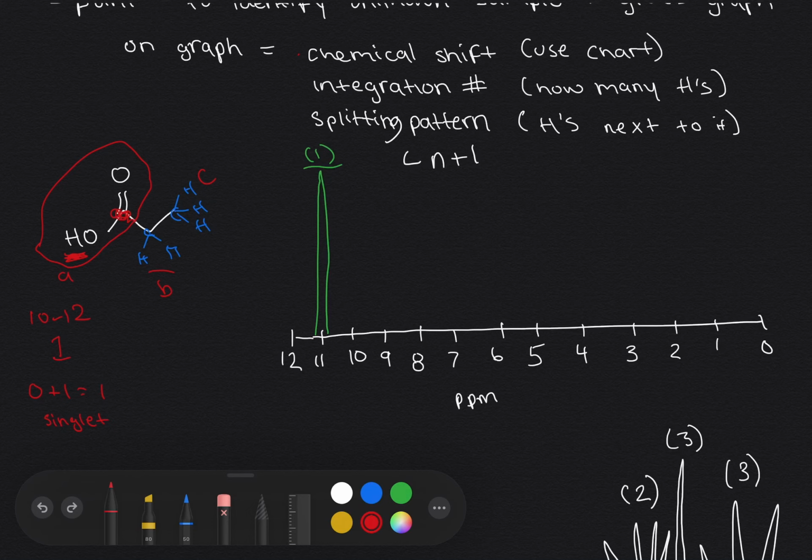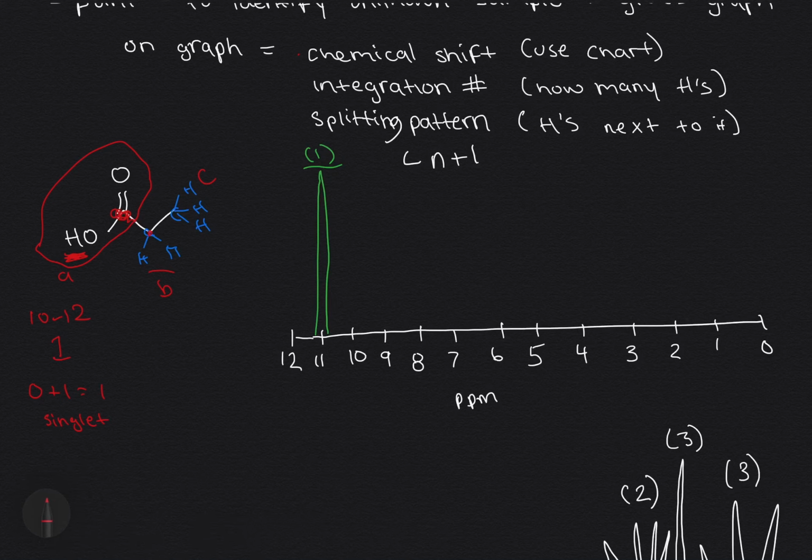Okay, signal B. So what do we have here? It is 2 hydrogens. Our integration number would be 2. We know that. The chemical shift, so what is it? It's next to a carboxylic acid group. Now this alcohol over here is not going to affect it too much.